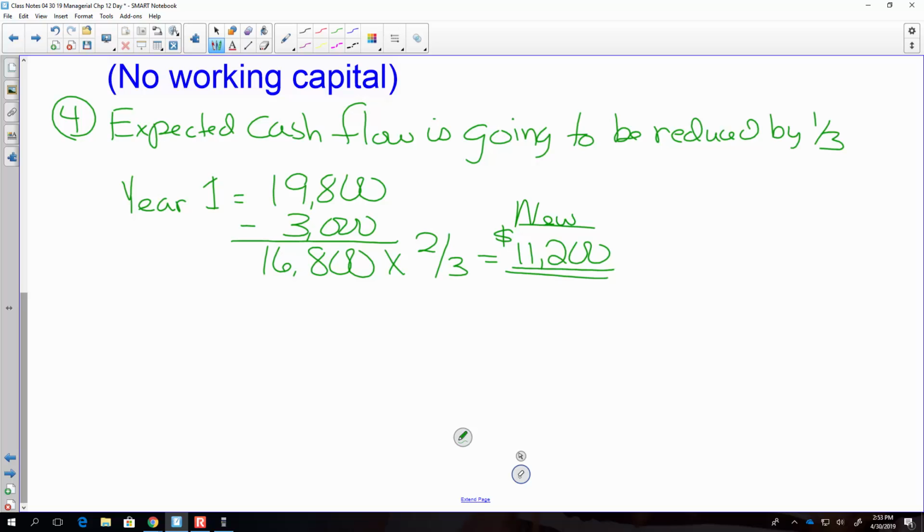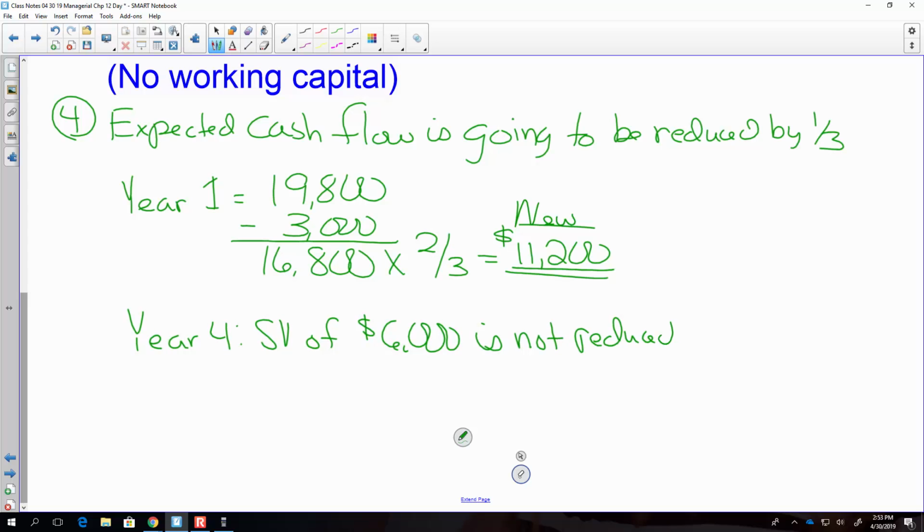Remember, in year 4, the salvage value of $6,000 is not reduced, which makes sense. You still get the same amount of money at the end in period 4.